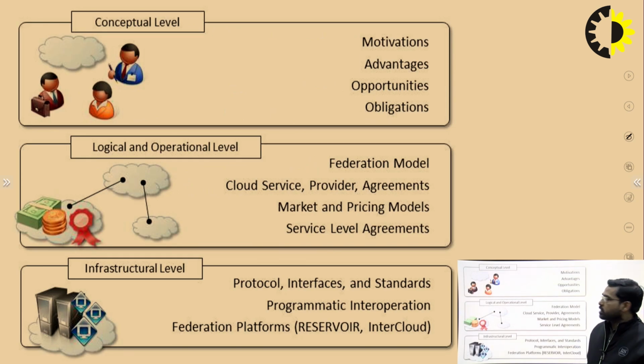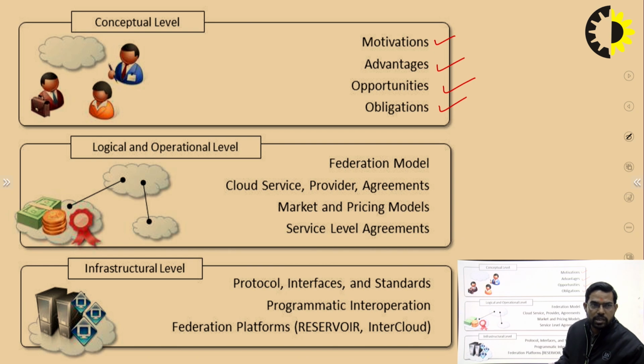In the conceptual level: motivation, advantages, opportunities and the obligation. So that is basically working with the concept. What are the advantages, what are the opportunities, what are the obligations, and what is the motivation? So that is the first level.